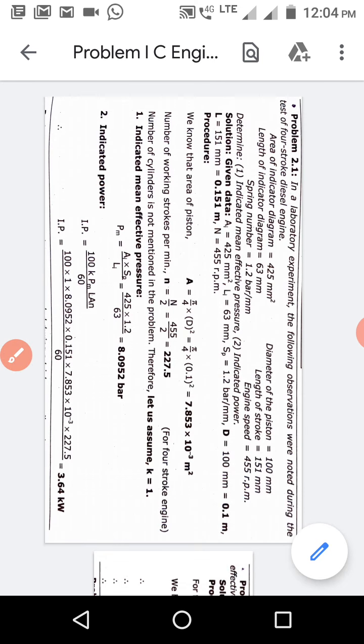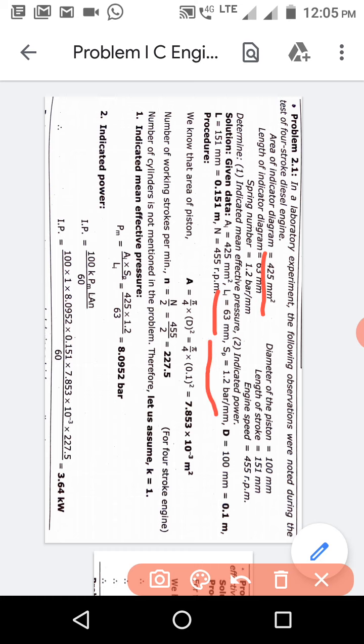Here in this problem, the area of the indicator diagram is given as 425 mm square, the length of the indicator diagram is 63 mm, and the spring number is 1.2 bar per mm.